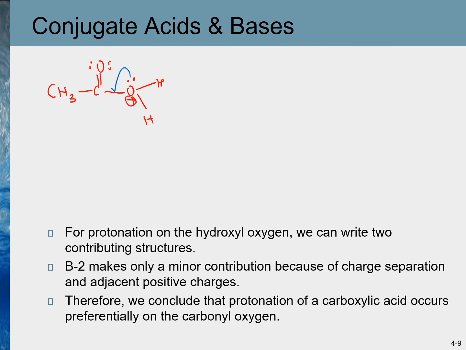Donating a lone pair from the oxygen is not possible, because oxygen already has a positive charge. It cannot afford to lose any more electrons, and donating would mean that oxygen is losing another electron. If it already has a positive charge, it's going to hold its lone pair tightly to itself, so it's not going to donate.